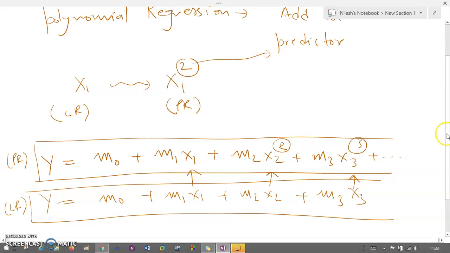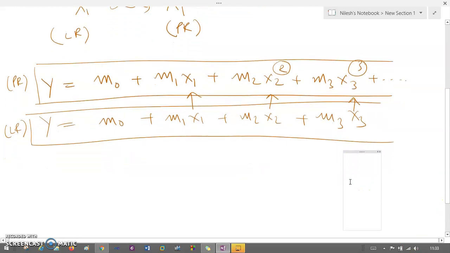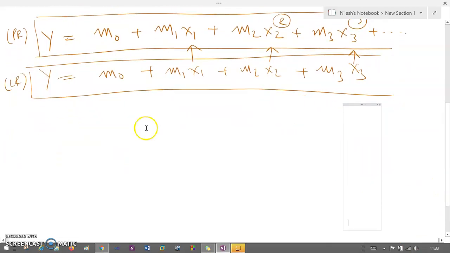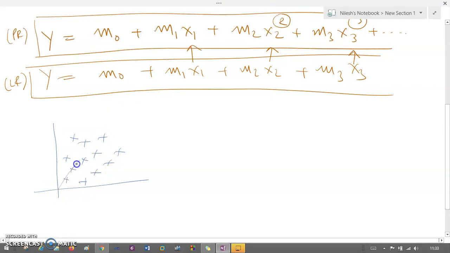Now you have seen the equations, but if you see the graphs of these two equations, let me change the color so that I can show you. If you see the linear regression graph, and these are the points that you had scattered or plotted, then the line that you will get is, let's say, this regression line.